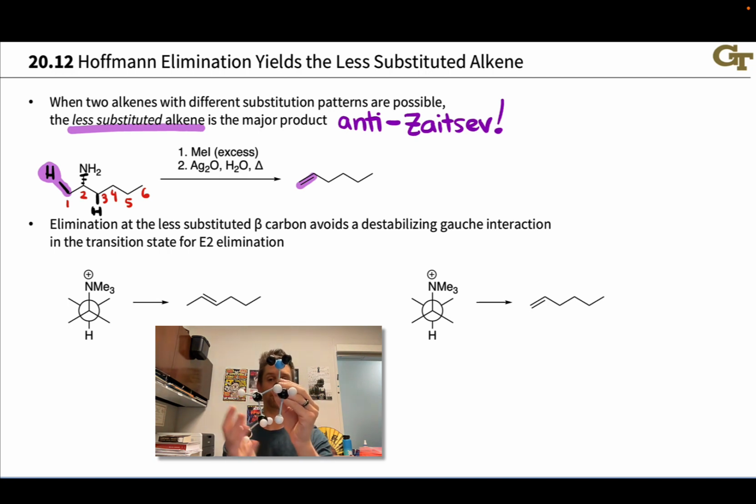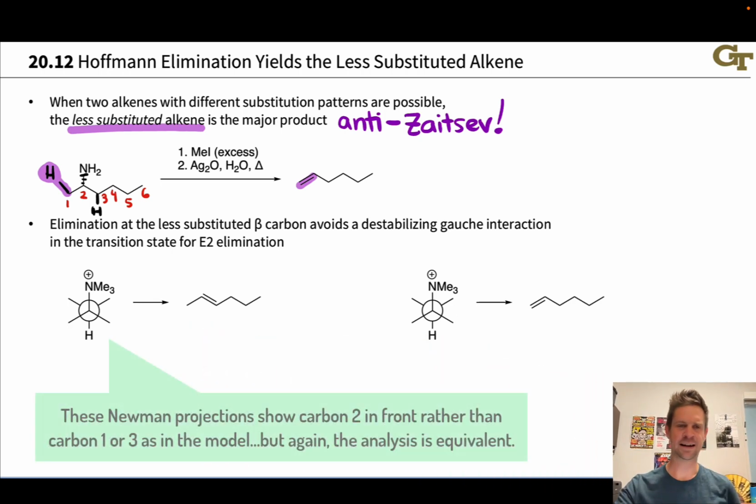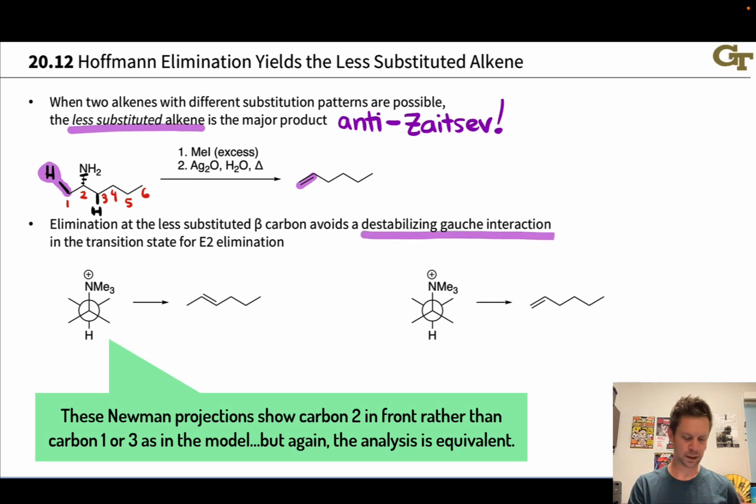For example, this group can rotate however it needs. This group can now be anti, and this is a bit subtle to see, but notice now this ethyl fragment is anti to the trimethyl ammonium group, and we can eliminate off the methyl group just fine. So what we can see then on the Newman projections is that in the Newman projection leading to the more substituted alkene, there is necessarily a destabilizing gauche interaction.